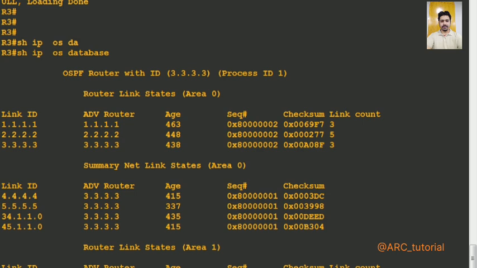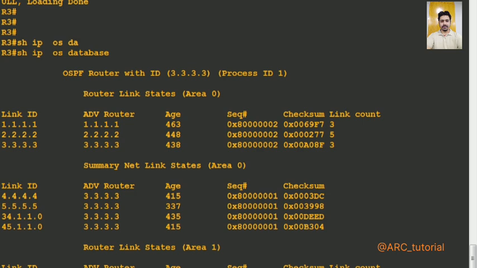Are you getting my point or not? So first of all, it has the database of area 0. On that database, it will run the SPF algorithm, install best routes inside its own routing table, and for all those routes available inside its own routing table, it will be responsible to generate summary LSAs.